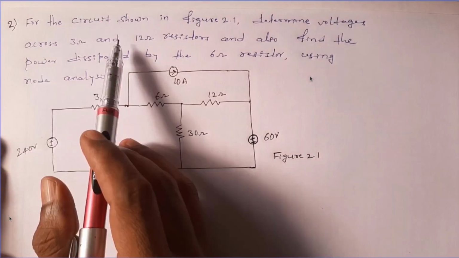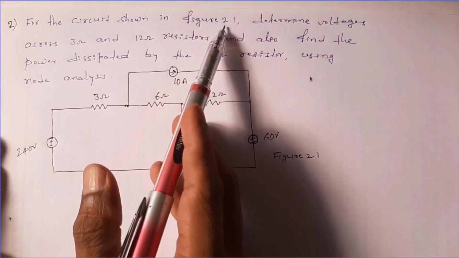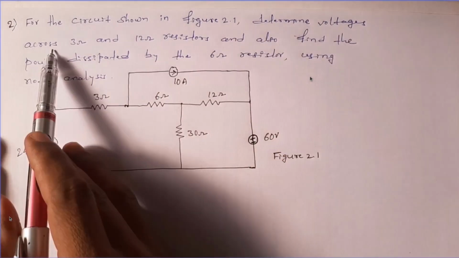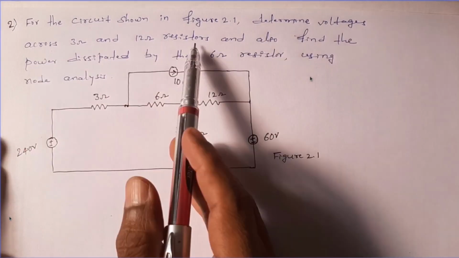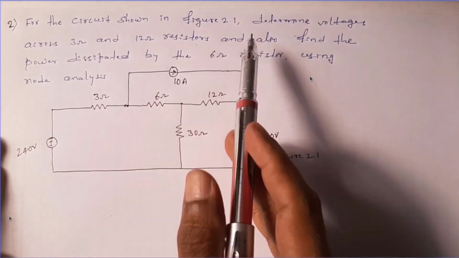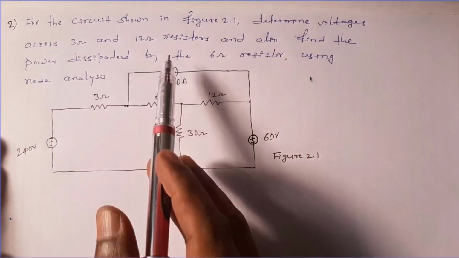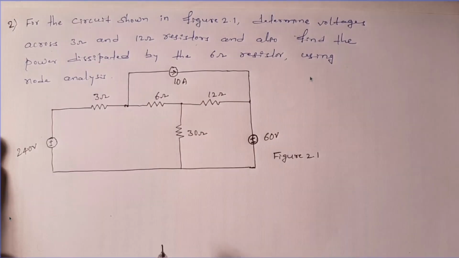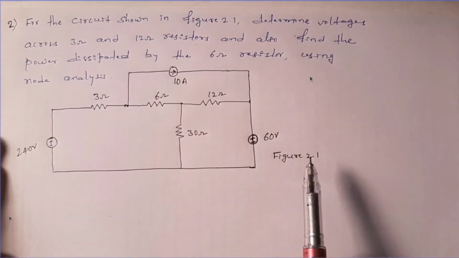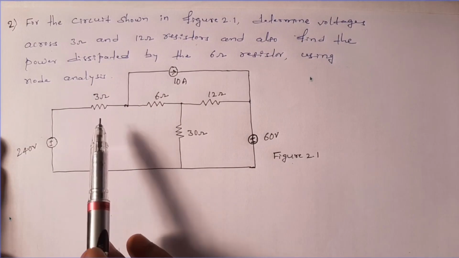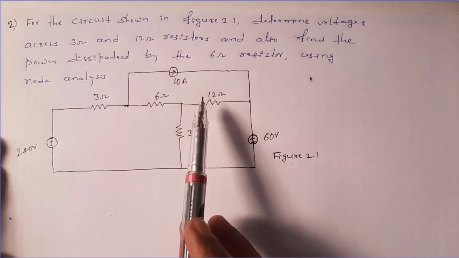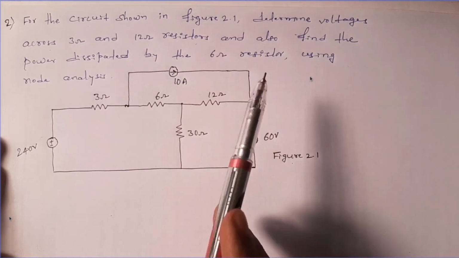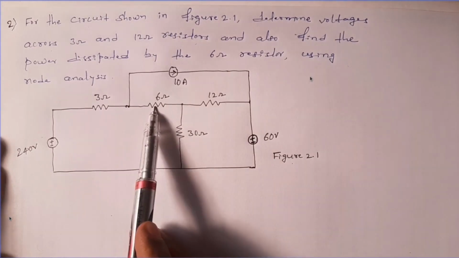For the circuit shown in figure 2.1, determine the voltages across the 3 ohm and 12 ohm resistors, and also find the power dissipated by the 6 ohm resistor using node analysis. So this is figure 2.1, dear students. We need to find the voltage across the 3 ohm and 12 ohm resistors, and the power dissipated by this 6 ohm resistor.